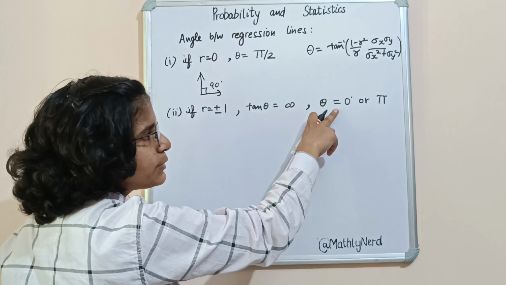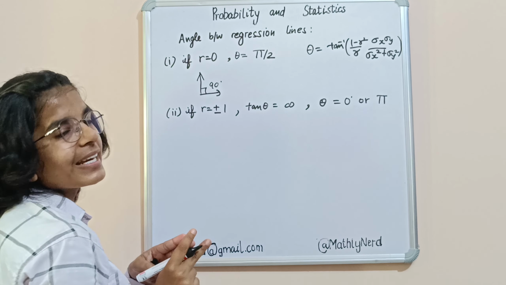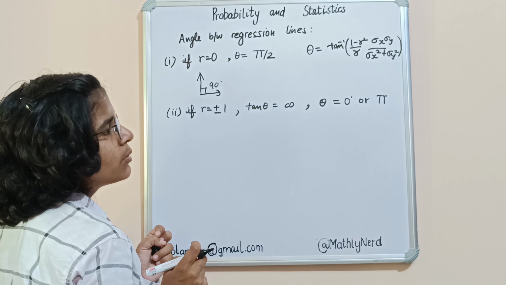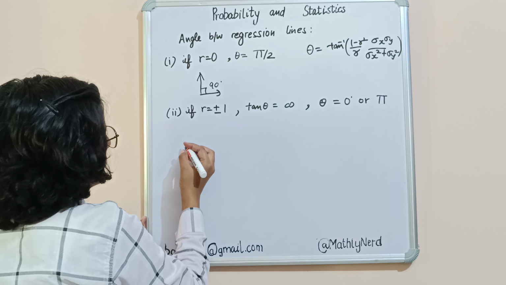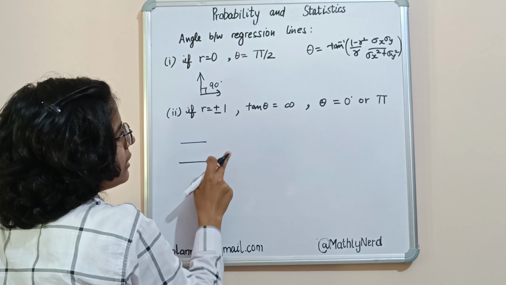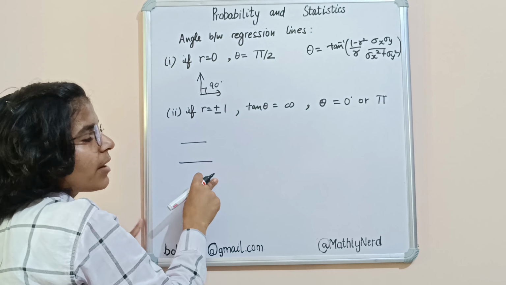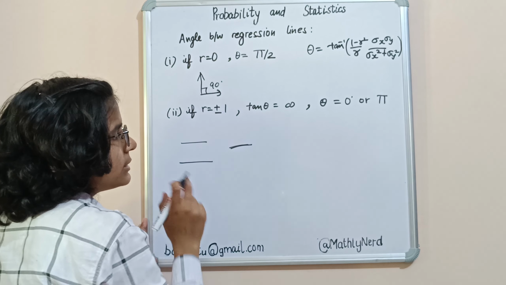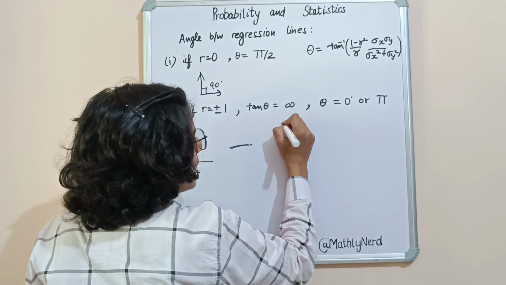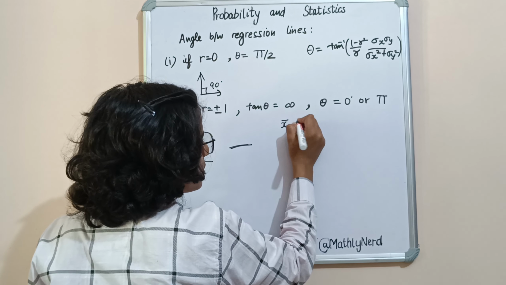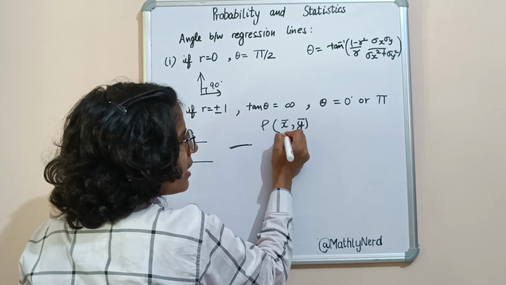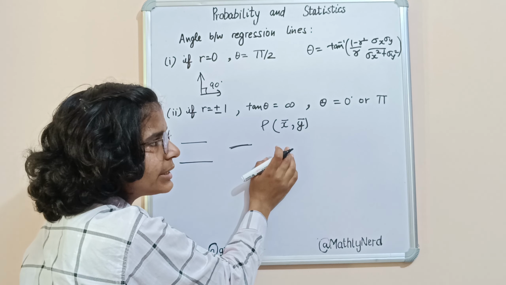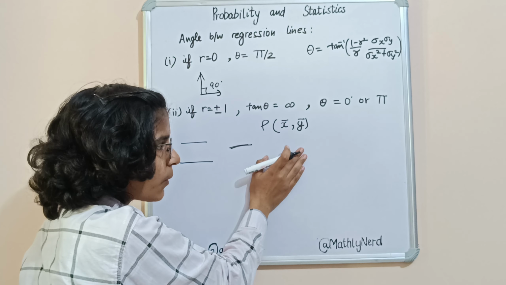If theta is equal to 0, then these regression lines will coincide, and if theta is equal to pi, then these lines are parallel. But as we know that these two lines pass through the point x bar, y bar, these lines cannot be parallel because parallel lines do not have any common point.